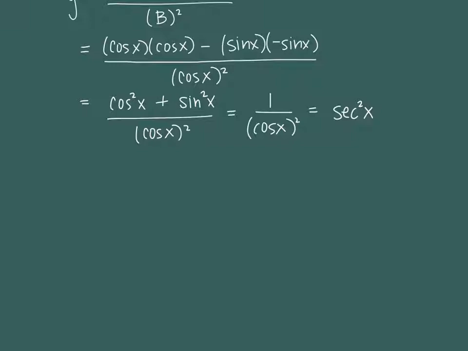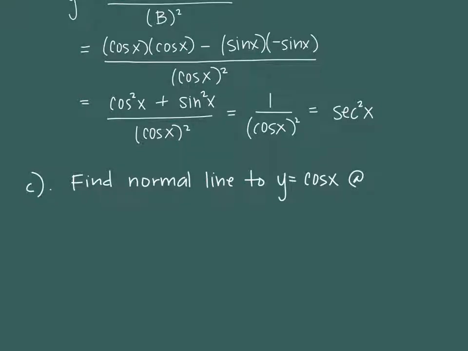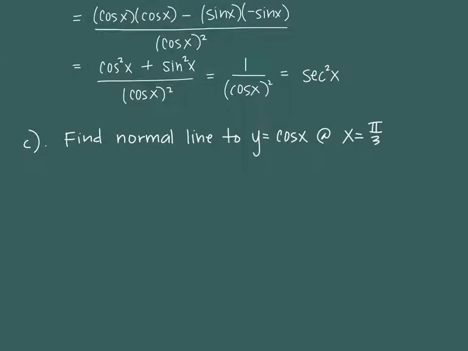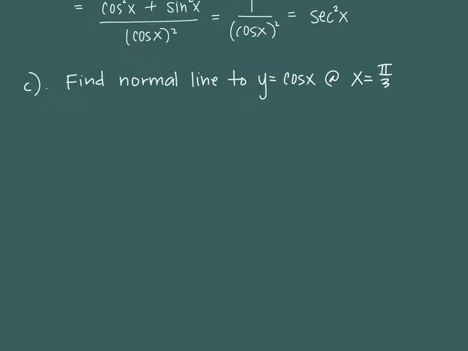All right, last question. All right, find the normal line to y equals cosine of x at x equals pi thirds. Well, as with any tangent and normal line, you first need to know the point, and then you'll need to know the slope.